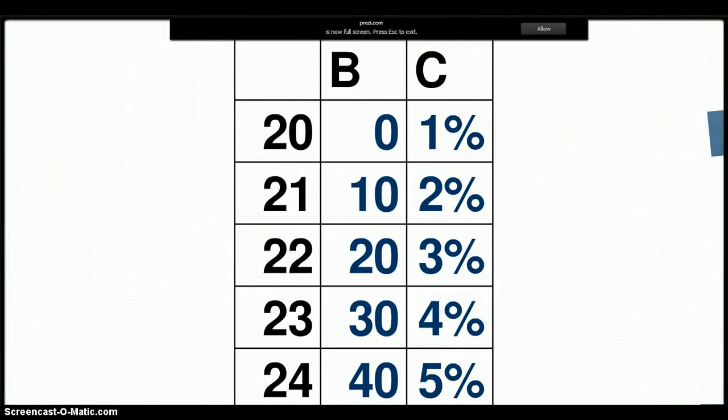So here's an example of the chart that you would make on the spreadsheet. In column B, row 20, we have 0. And then in column B, row 21, we have 10. So because 10 is the lowest number in that range, we know that 0 actually represents 0 through 9. 10 represents 10 through 19. 20, 20 through 29, 30, 30 through 39, and 40 and above.